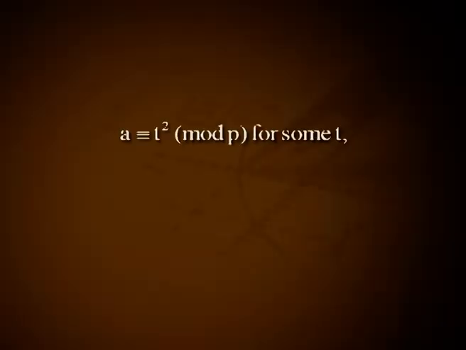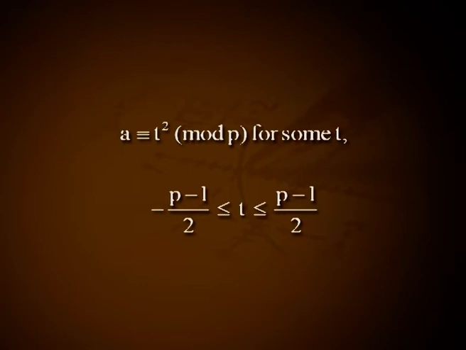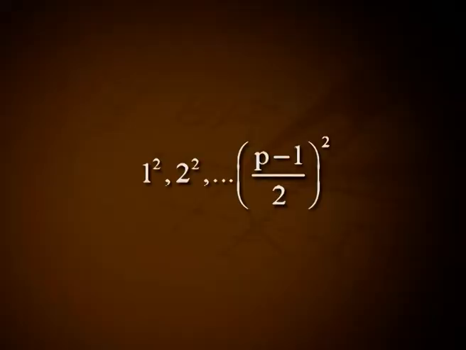Thus, if a is a quadratic residue mod p, then a ≡ t² mod p for some t with −(p − 1)/2 ≤ t ≤ (p − 1)/2, implying that the possible quadratic residues mod p are amongst 1², 2², etc., ((p − 1)/2)².